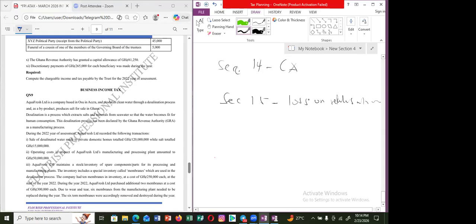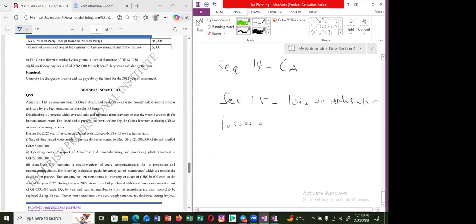So basically, losses on realization of assets are deducted to the extent that the assets were used in producing what? Business income.